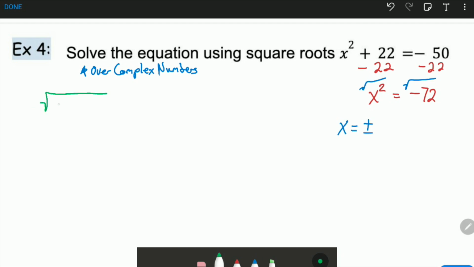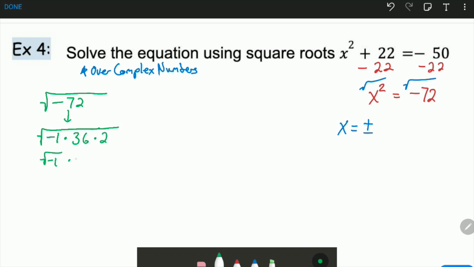So the square root of -72 we'll separate into the square root of -1 times 72, and the biggest perfect square that goes into 72 is, let's see, 36, yes. 36 is the biggest perfect square that goes into 72, and 72 is 36 times 2.